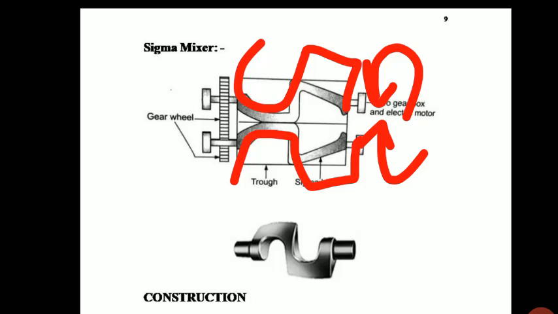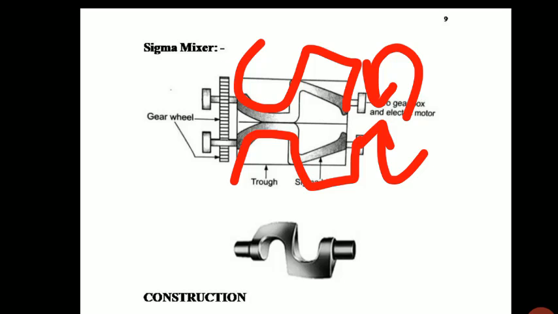These mixers were originally developed for use in the food processing industry. They are particularly effective for mixing blends of dough uniformly. You might have seen in hotels that paratha dough is prepared using sigma blade mixers.